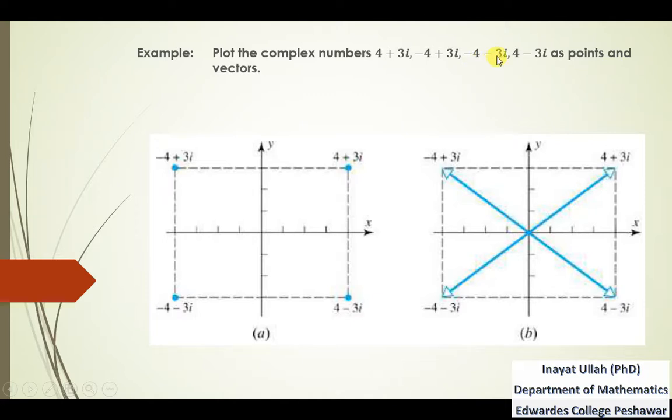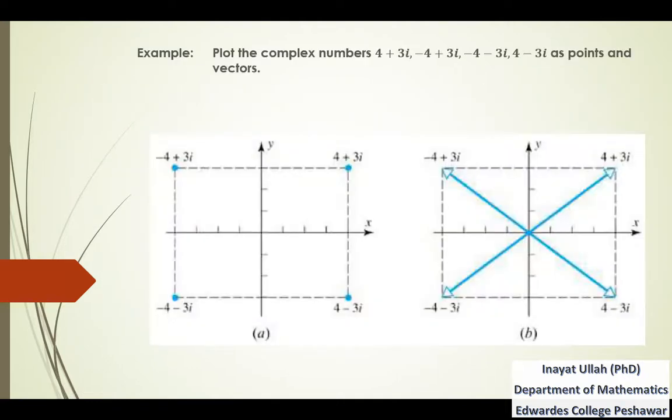Similarly, minus 4 minus 3 iota lies in the third quadrant, so that is minus 4 and minus 3. The last one is 4 minus 3 iota, which will be in the fourth quadrant because x is positive and y is negative.